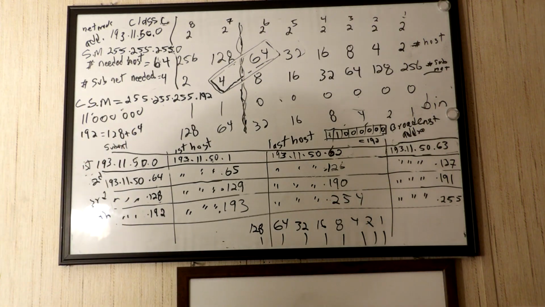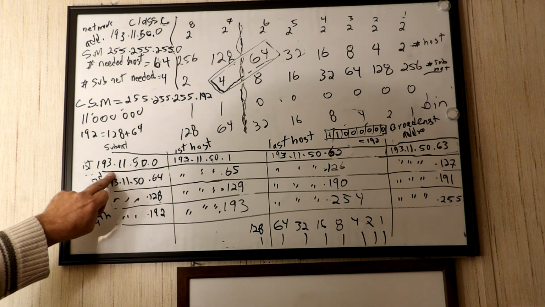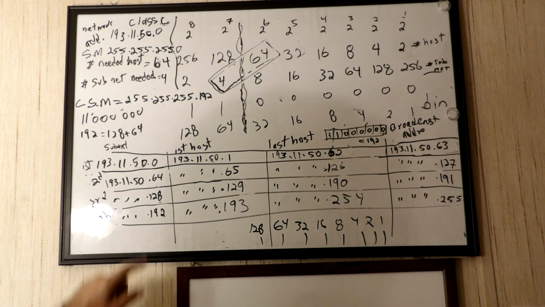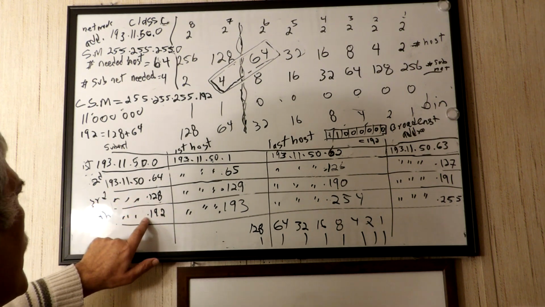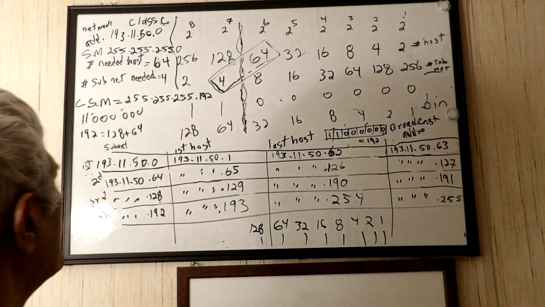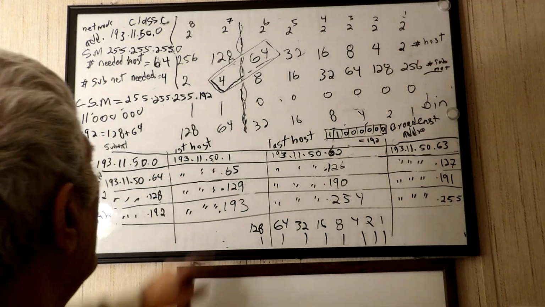You fill this table. You say the first subnet is this number 193.11.50, and the second one 64 to 192, and the first host is 193.11.50.1.